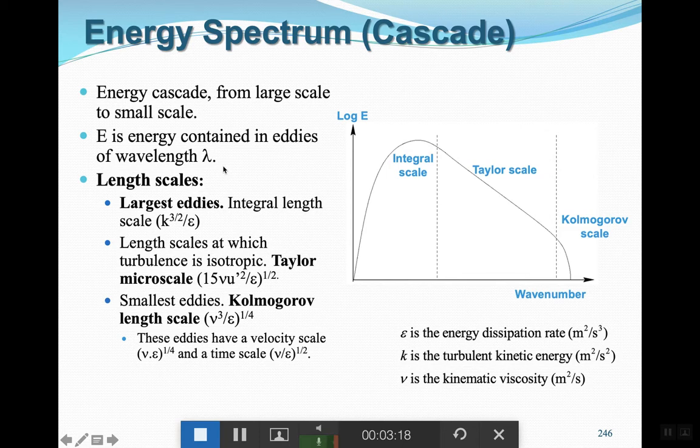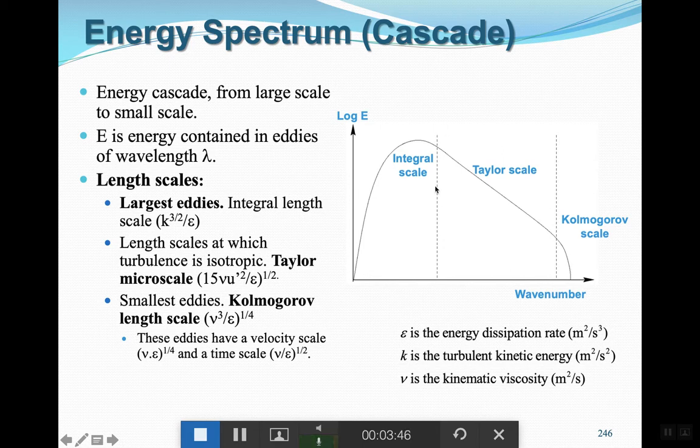So wave number is the inverse of wavelengths, meaning small eddies which have small wavelengths, they have large wave numbers. So as on the wave number axis, as I'm moving toward larger wave numbers, meaning I'm moving toward smaller eddies. Now, the energy of those eddies looks like this.